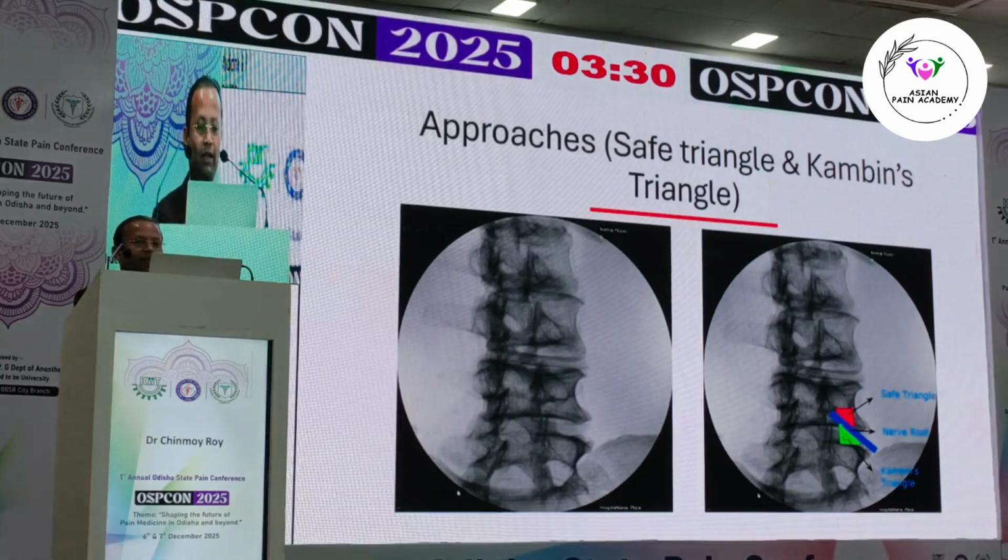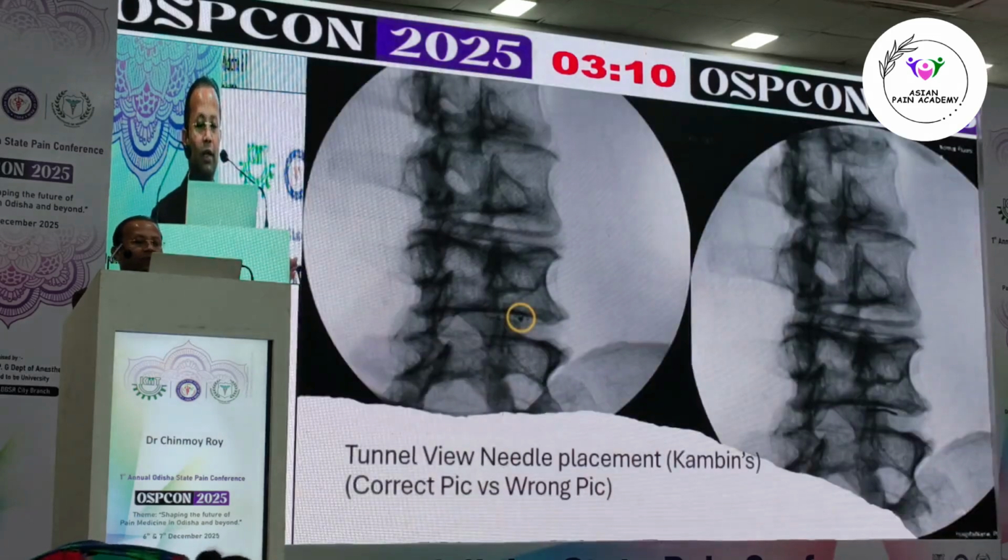Anteriorly and laterally is the direction. So I will put the needle either in the red part or in the blue part. In the red part it will be the safe triangle approach or subpedicular approach, and if I put the needle in the blue part, that is called Kambin's triangle approach. Both have their positive points and negative points.